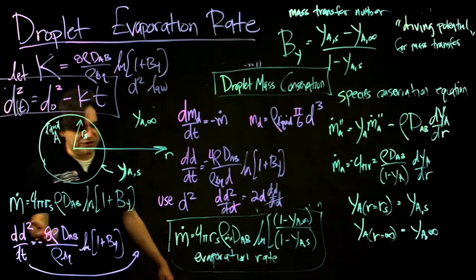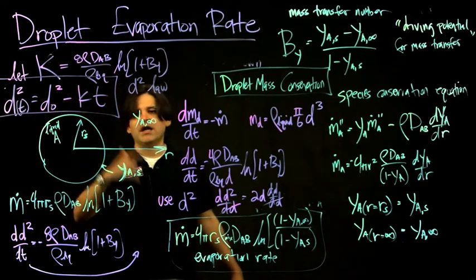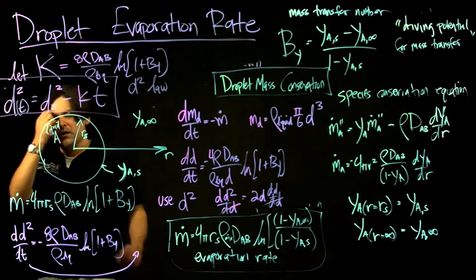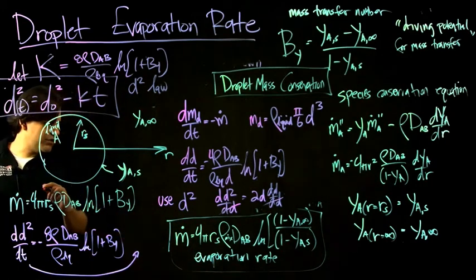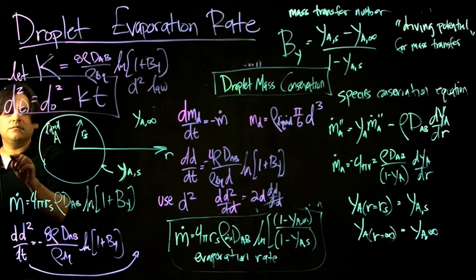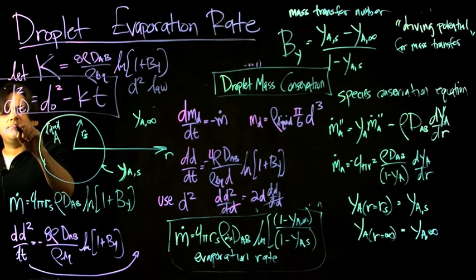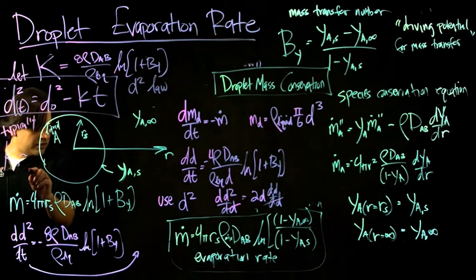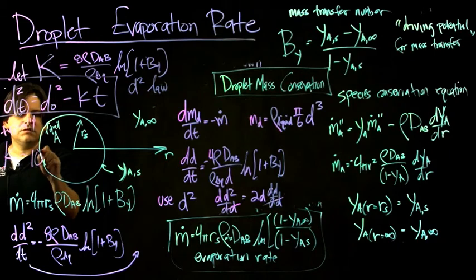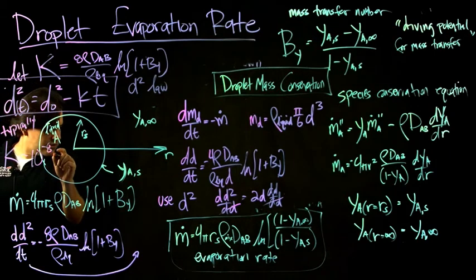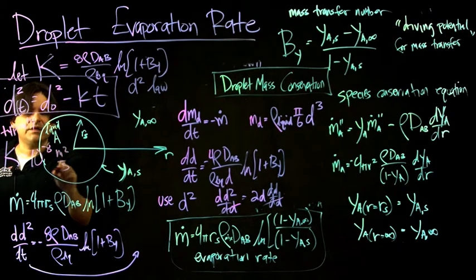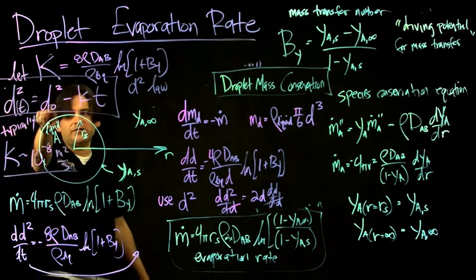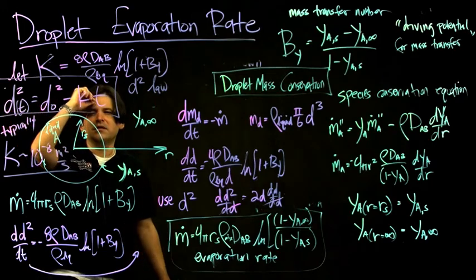That would be the lifetime of your droplet. So typically for droplets in the combustion world at least, K is on the order of 10 to the negative 8 meter squared per second. And that will give you a characteristic lifetime based on the starting point of your droplet.